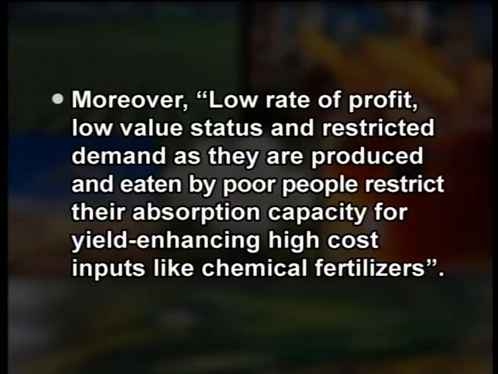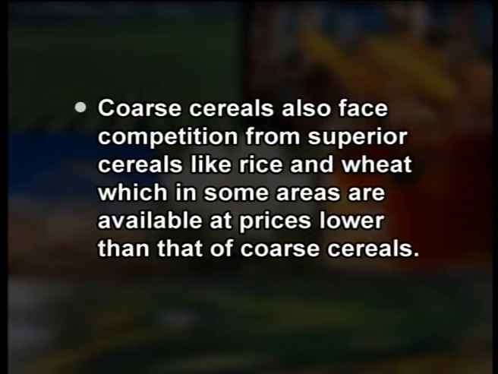Moreover, low rate of profit, low value status and restricted demand, as they are produced and eaten by poor people, restrict the absorption capacity of yield enhancing high cost inputs. Coarse cereals also face competition from superior cereals like rice and wheat, which in some areas are available at prices lower than that of coarse cereals.